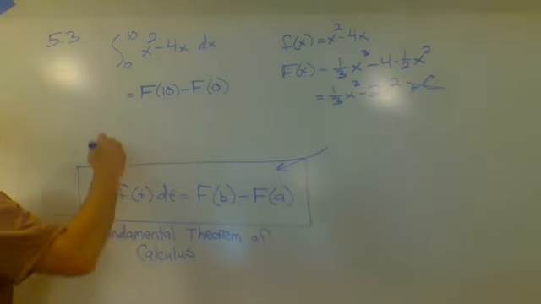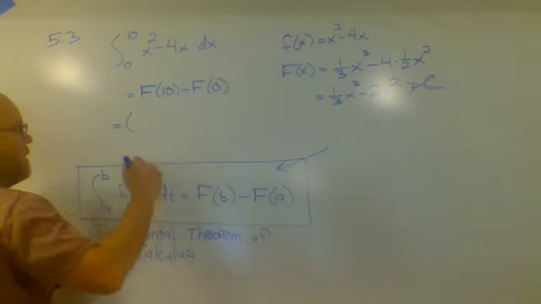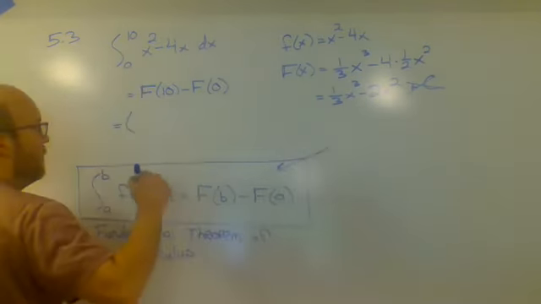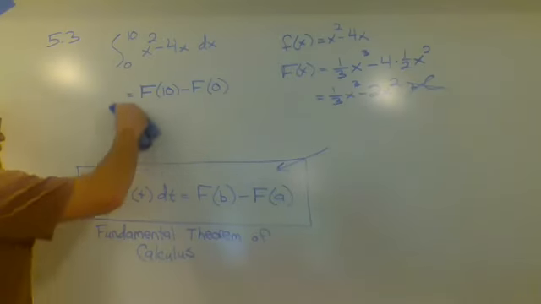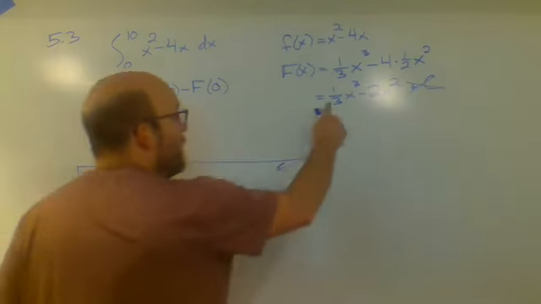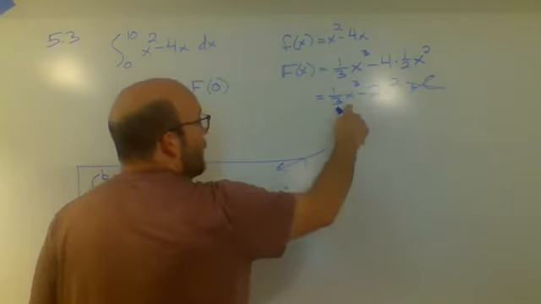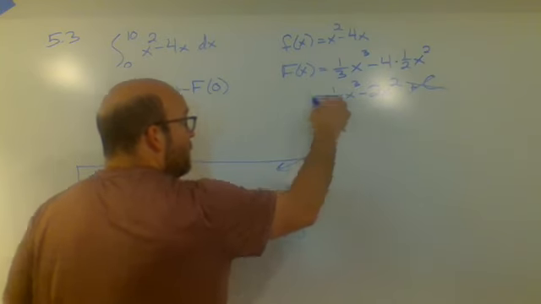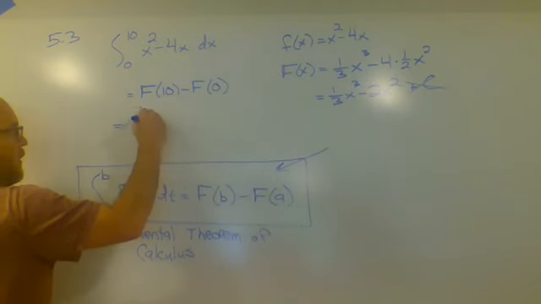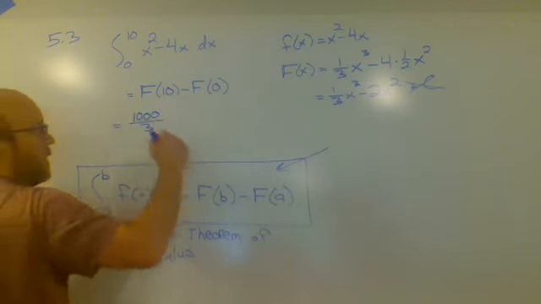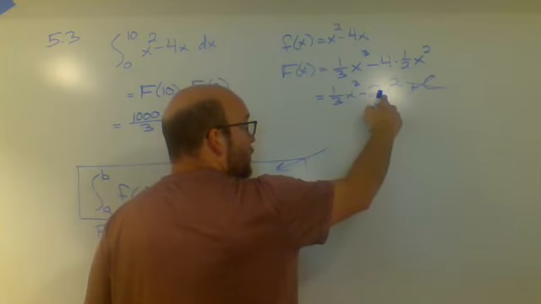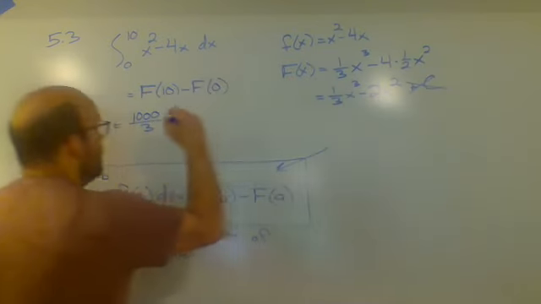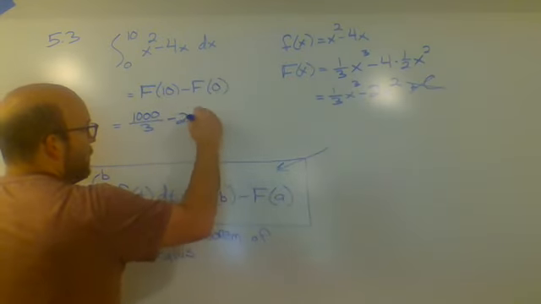Okay. And then finally, we're just evaluating. If I put 10 in here, you know what, let's not even worry about showing the arithmetic. You guys can use a calculator, but if I put 10 into this expression, we end up with 10 cubed is 1,000. 1/3 of 1,000 is 1,000 thirds. And then put in 10 here, 10 squared is 100, 2 times 100 is 200, so we get 1,000 thirds minus 200.